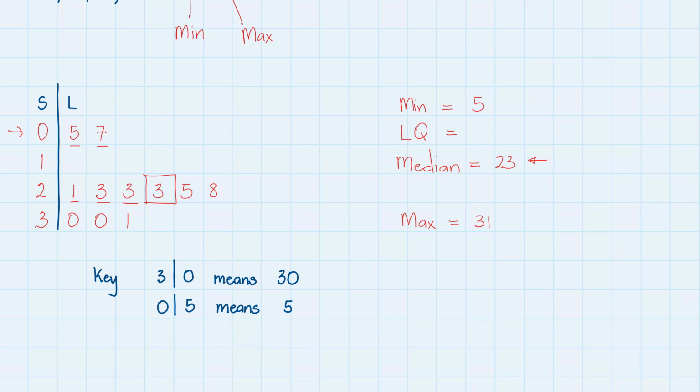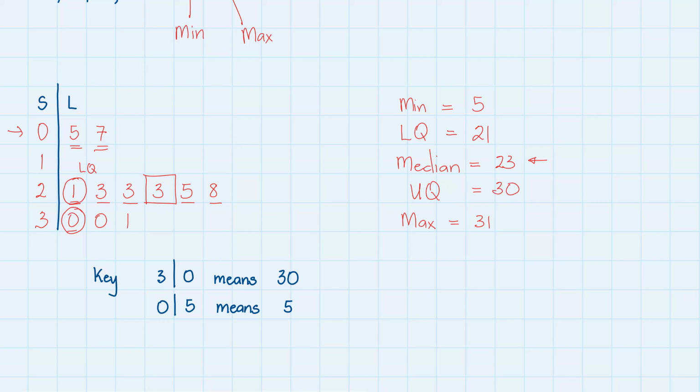The middle value in a set of 5 is the 3rd number. So if I go 1, 2, and 3, this one here is my lower quartile. That represents the number 21. I do the same thing for my upper quartile. So I go 1, 2, 3. This number here, that 0, represents my upper quartile, and that is the number 30.